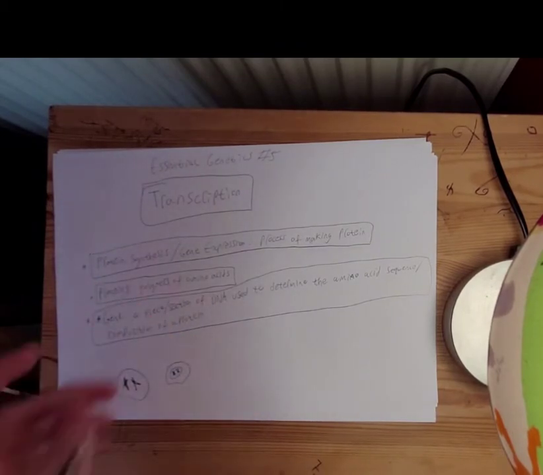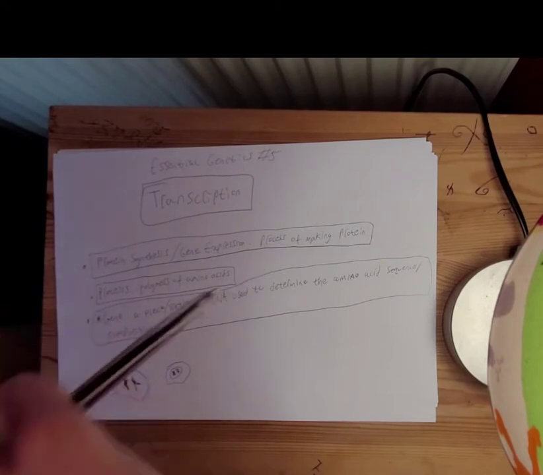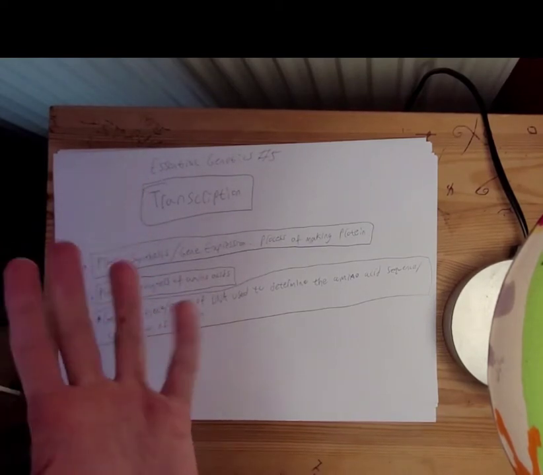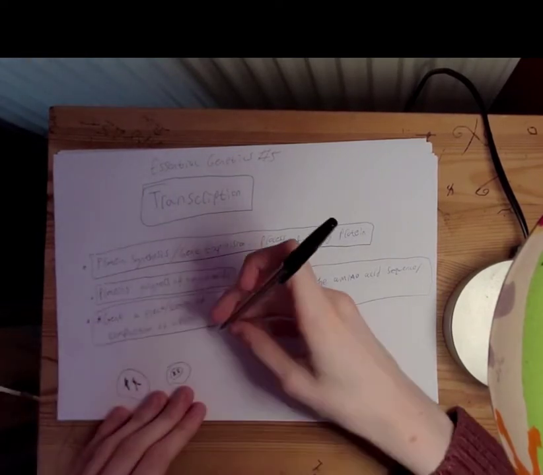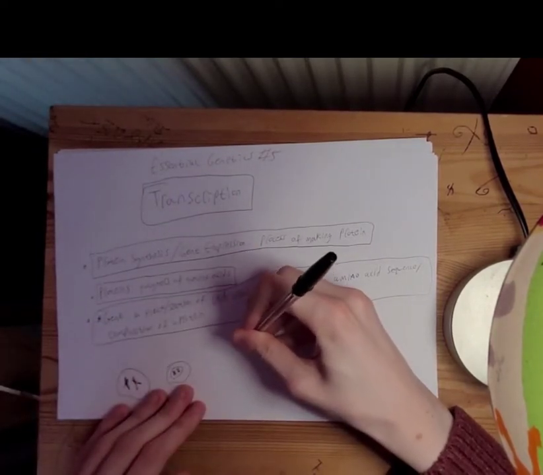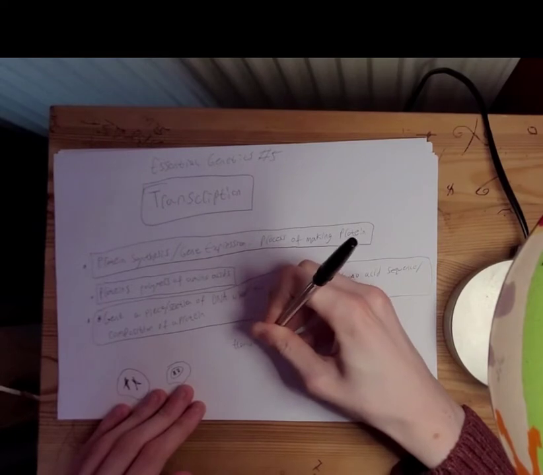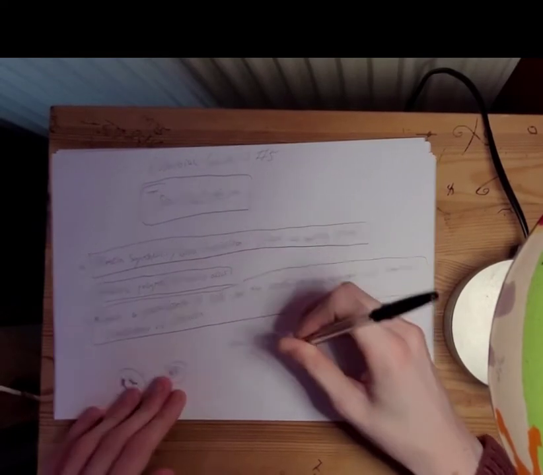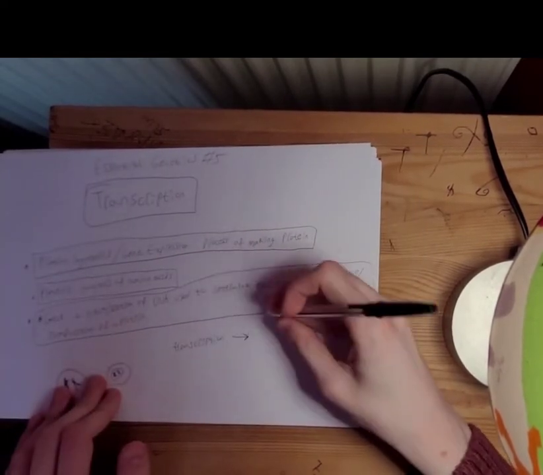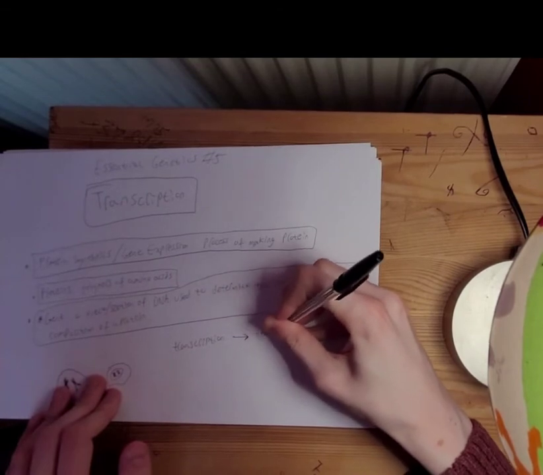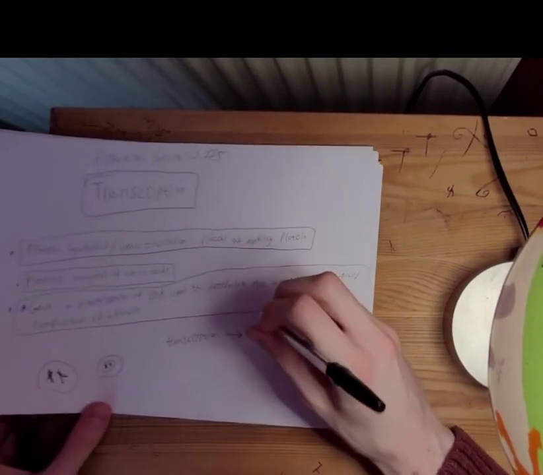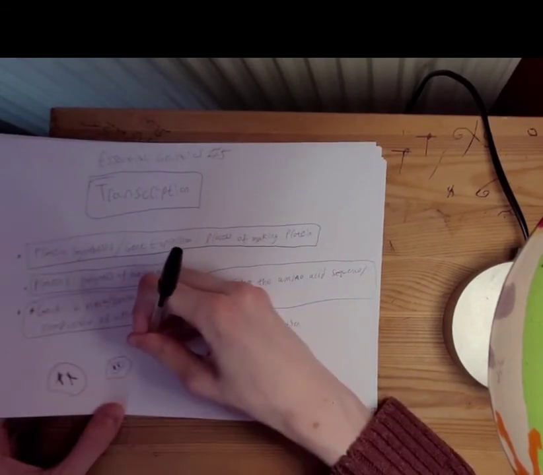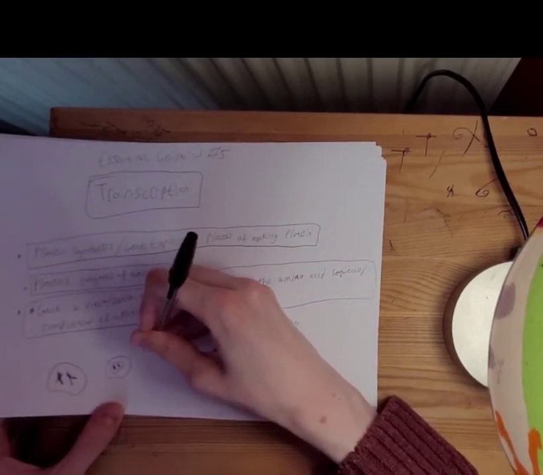It goes from transcribing the gene, making that copy of the gene, straight to using it to determine the structure of the protein. So, transcription. And the stage of using it to determine the protein structure is called translation. This is in prokaryotes.